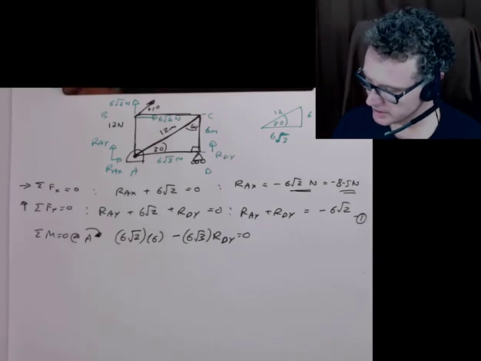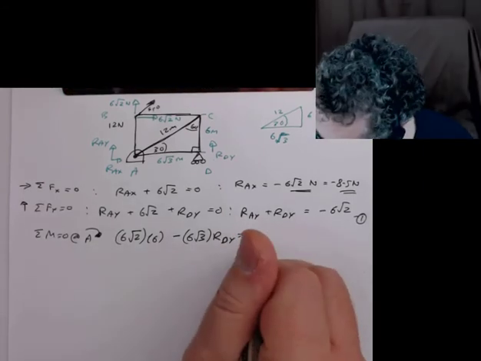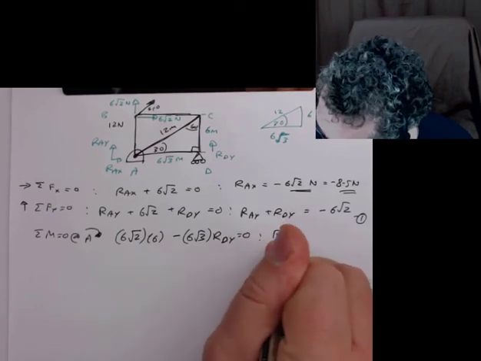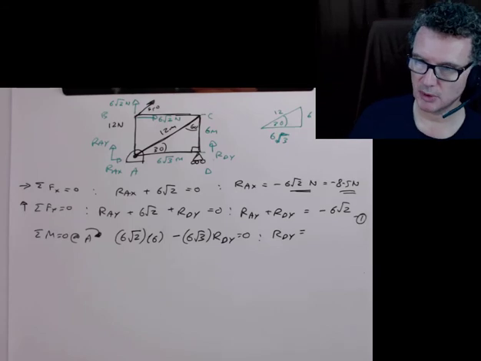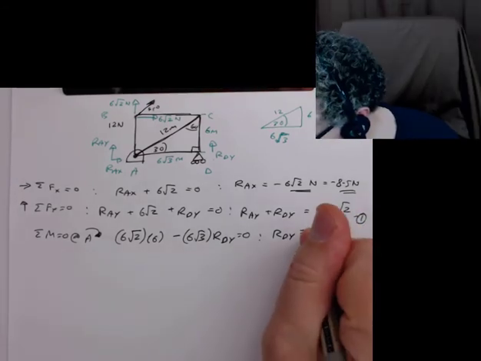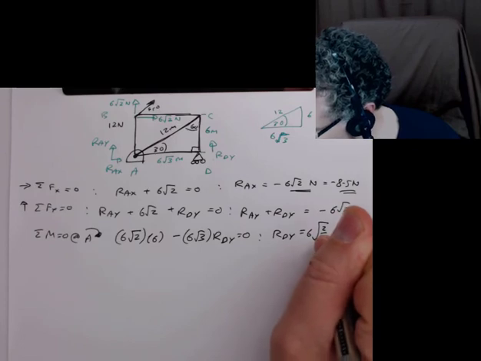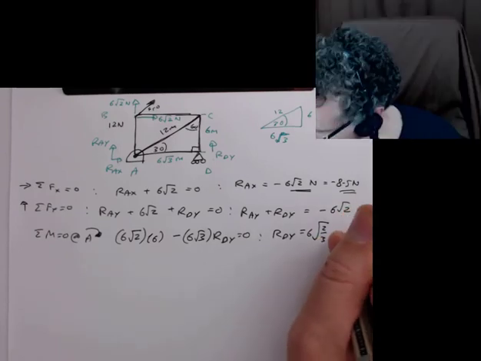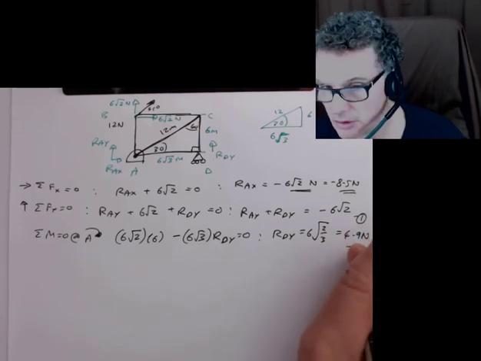You can see that the 6s cancel there. That's going to give me RDY, which is 6 root 2 over root 3, which equals 4.9 newtons.